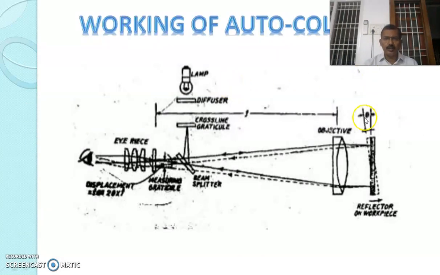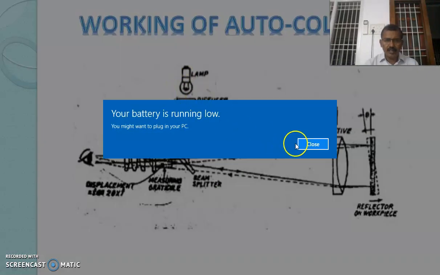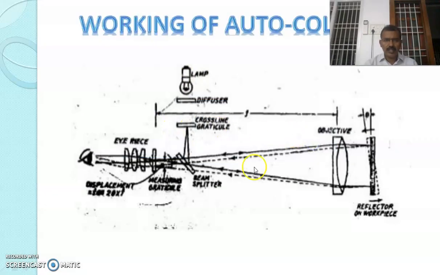One more diagram is also given. A monochromatic lamp, a cross line graticule, and a beam splitter, and it reaches the objective lens, the collimating lens. When it touches a perpendicular reflector, it comes back in the same path and reaches the eyepiece of the microscope.